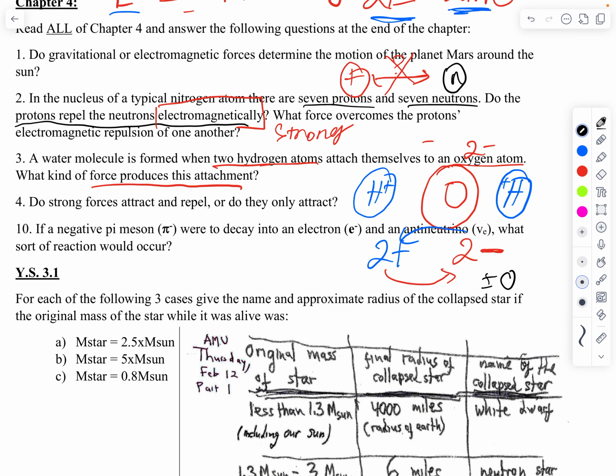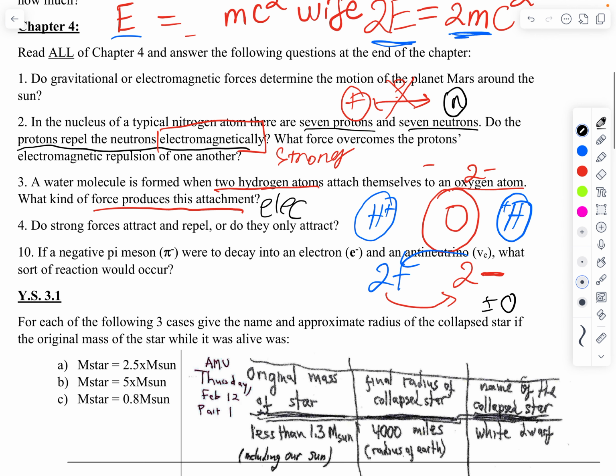And what is the force that has to do with charge? It is electromagnetic, right? And this is the structure of the water molecule, by the way, just if you're curious. These are called lone pairs.